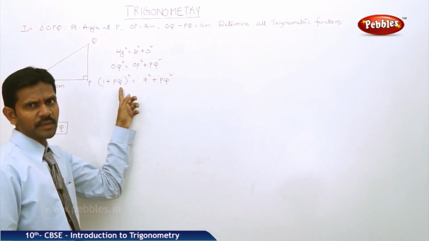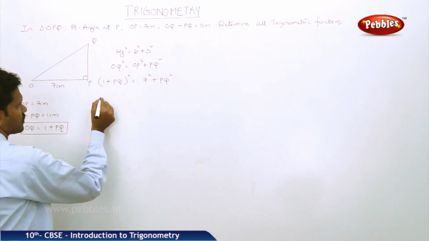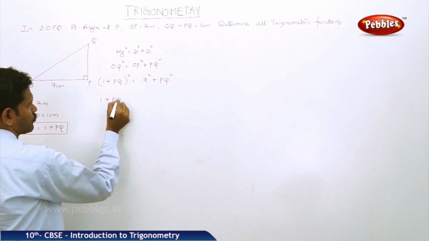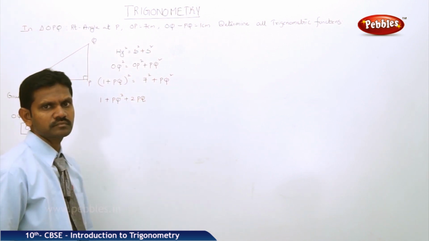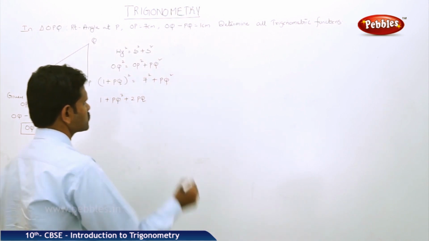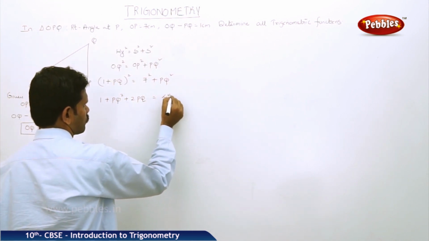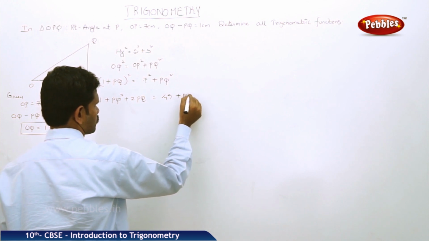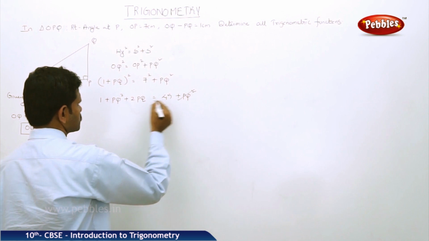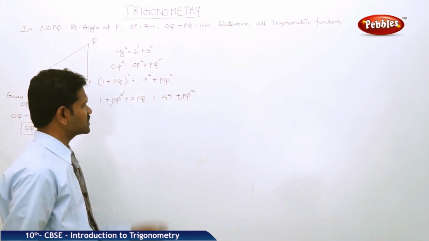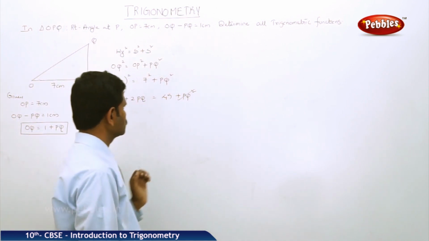Using the formula (A plus B) whole square equals A square plus B square plus 2AB, the expansion is 1 plus 2PQ plus PQ square, equal to 49 plus PQ square. PQ square gets cancelled, because it is on either side equal.